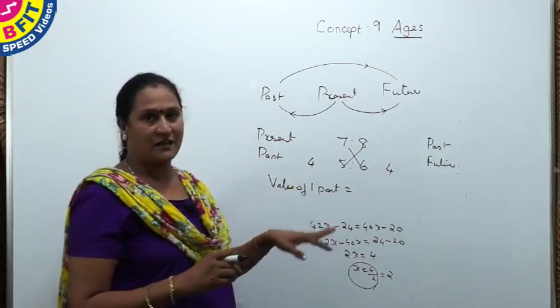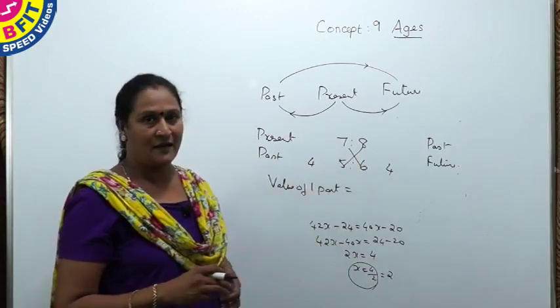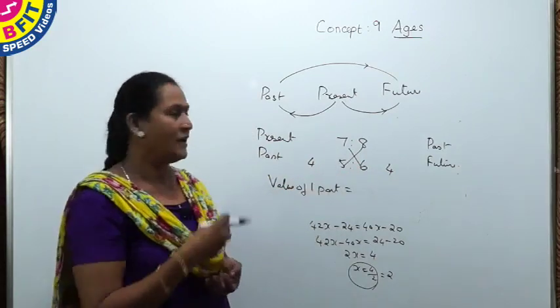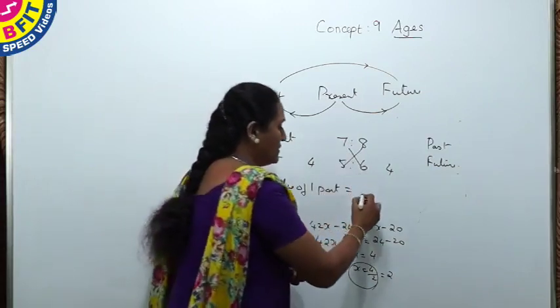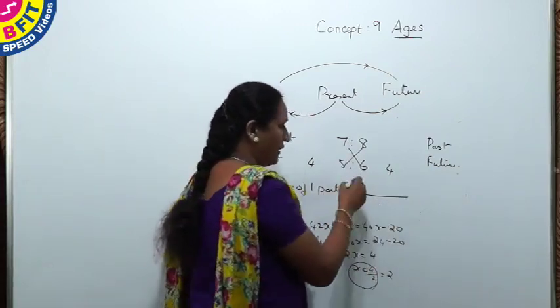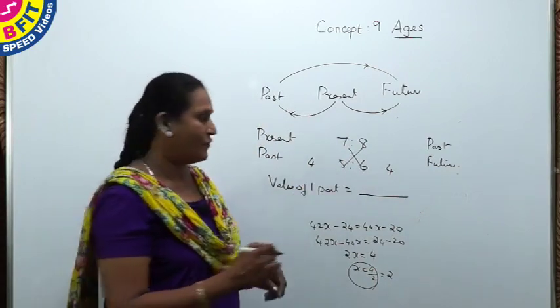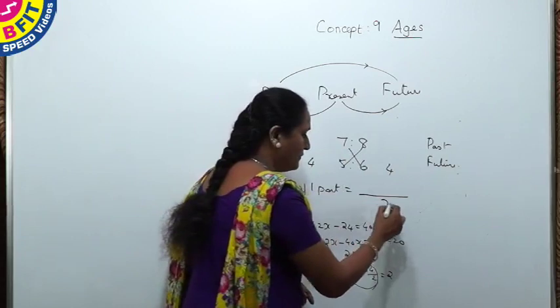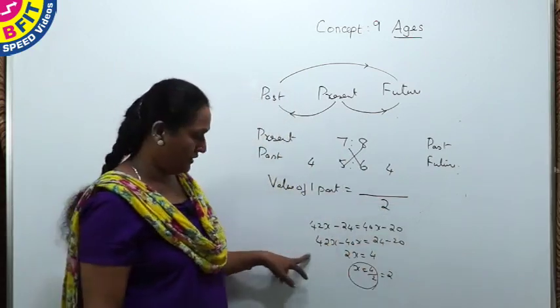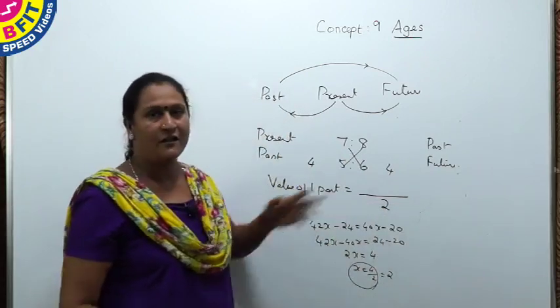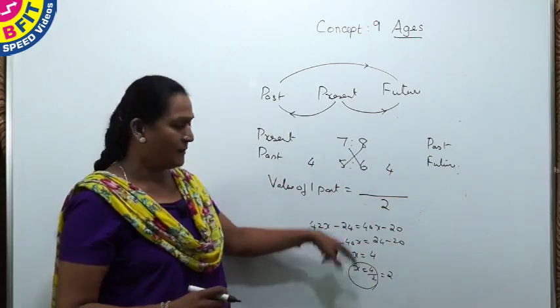Whichever is higher, you multiply and subtract the smaller value from the higher value. So 7 into 6 is 42 and 8 into 5 is 40. 42 minus 40 is 2. So the denominator is got.